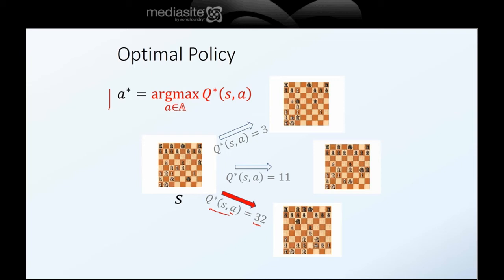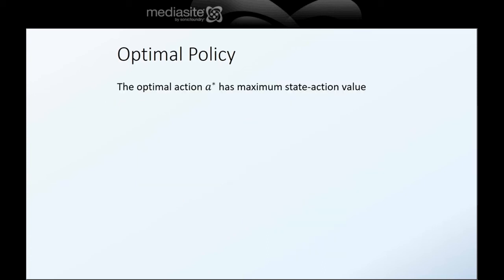This is again rather intuitive, but it's very important to note this. So the optimal action has maximum state action value. State action value is Q value. So the optimal action A star is the action that has the maximum Q star SA.